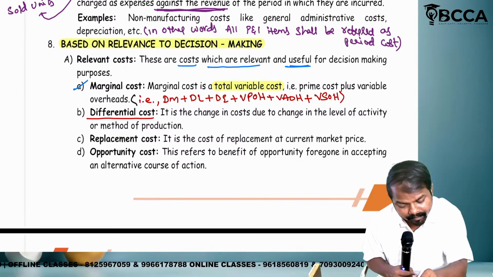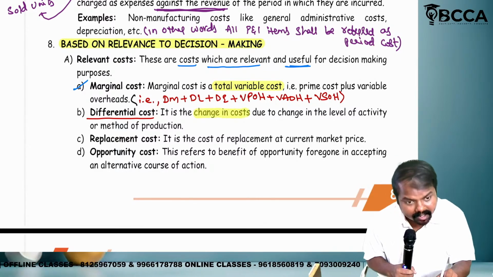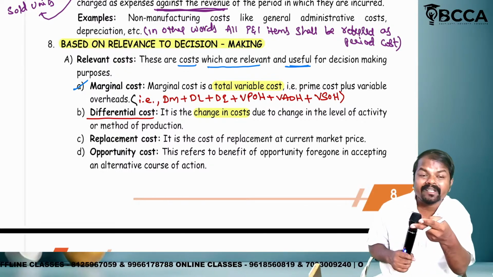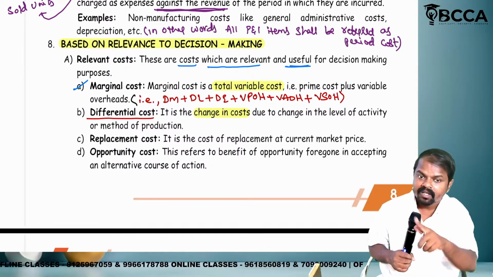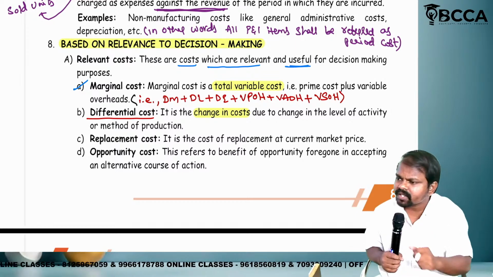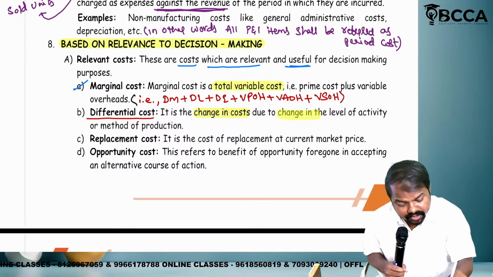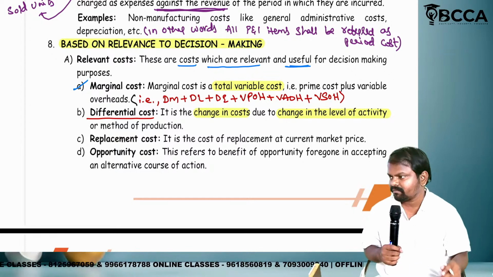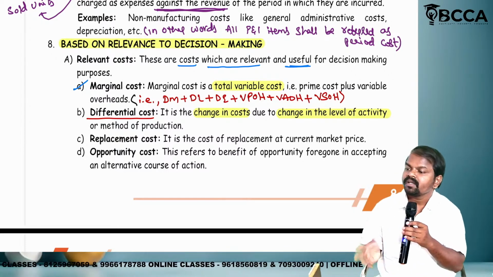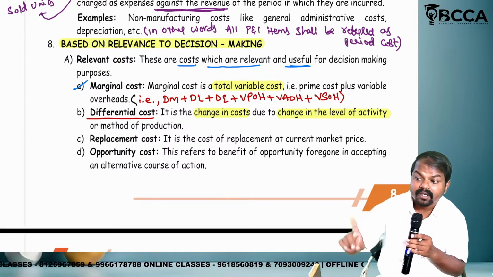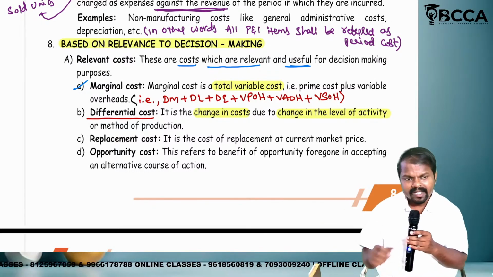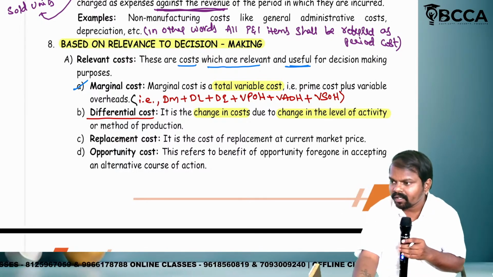Remember our example: 2 lakh we incur regularly, now 2 lakh 20 thousand. Cost is changed due to a change in the level of activity. Don't say only increase; sometimes it also decreases. Every month we incur 2 lakh for 10,000 units.